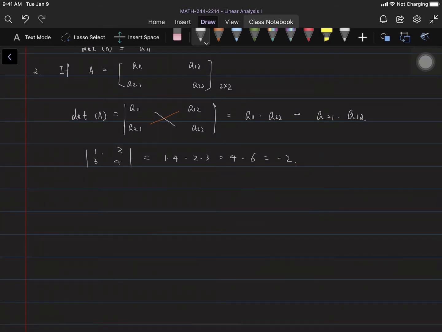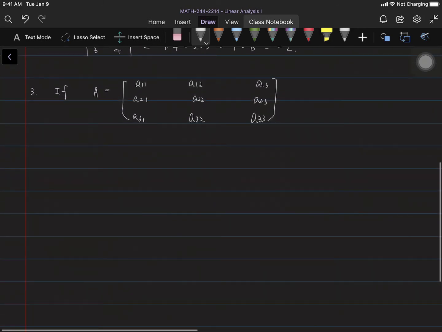Next, we can try 3 by 3. If the matrix A equals this one, A11, A12, A13, A21, A22, A23, A31, A32, A33. In this case, what is the determinant? This is the same as what you learned in calculus 3.